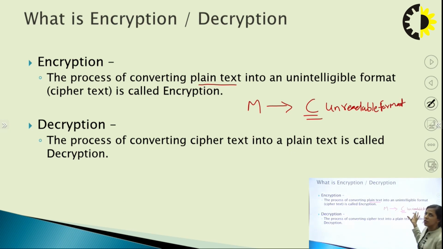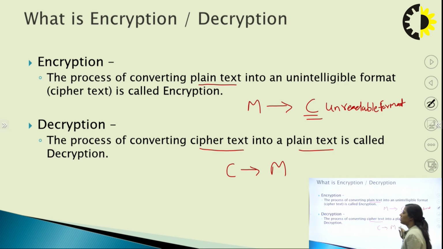This process is called encryption. The vice versa case is decryption, in which we convert the ciphertext back into plain text, our message.